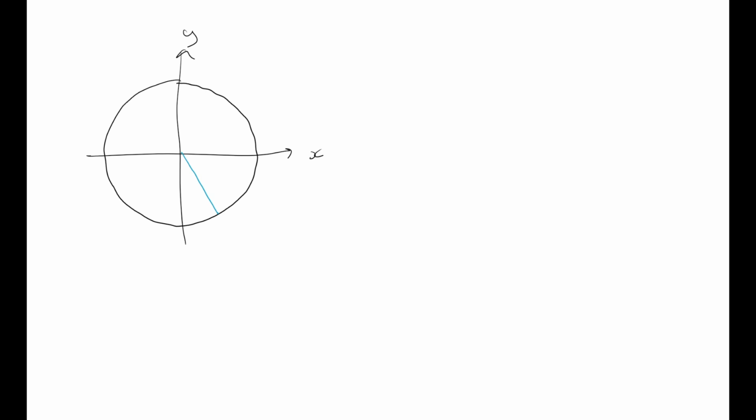Now, by the previous convention, to figure out the angle theta, we would go from the positive x-axis anti-clockwise. However, I could also get to this radius by going in that direction.